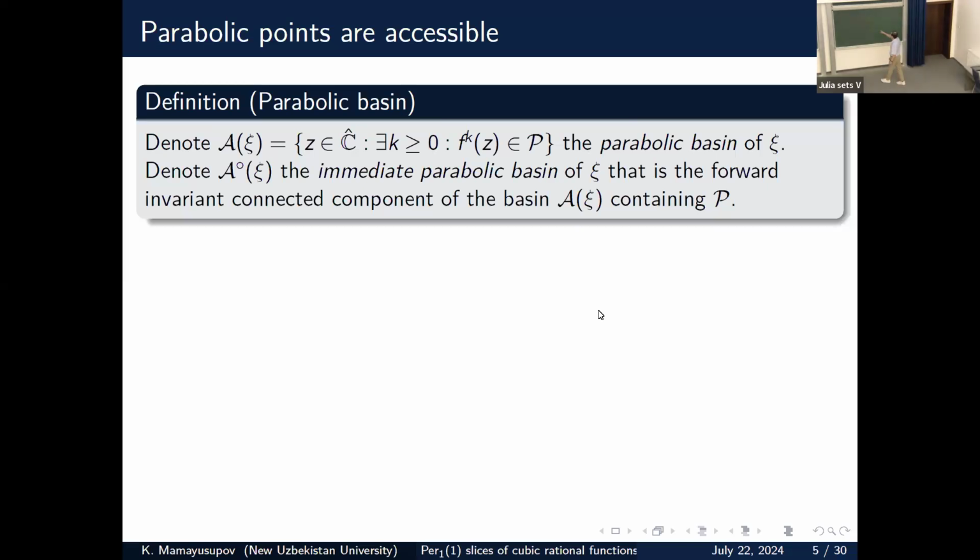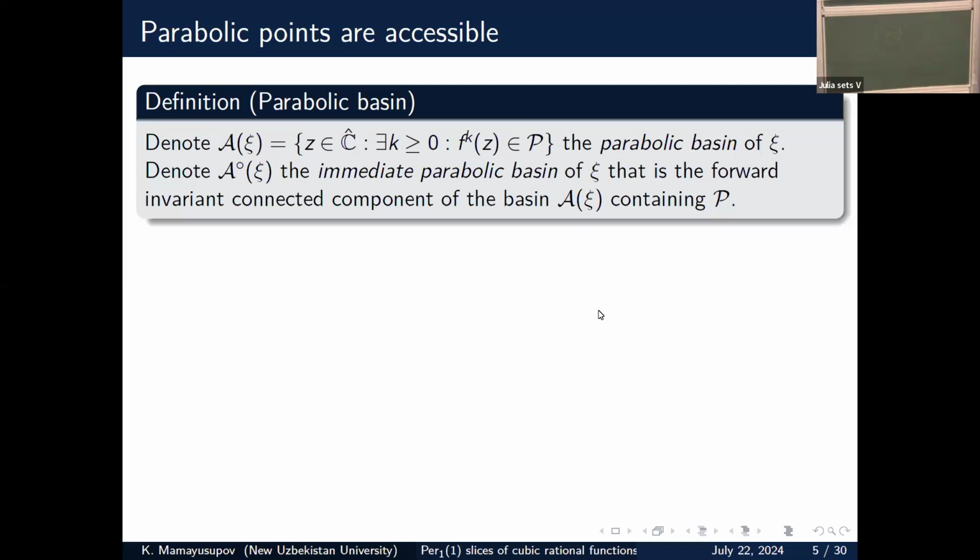Now, the parabolic basin. You have this petal, and if you have points converging to the parabolic fixed point, then they must visit this petal and then find this direction and go to the parabolic fixed point. So the petal is kind of an absorbing domain. It's open, and on the boundary you have your parabolic fixed point. So it's forward invariant. And you need the immediate basin.